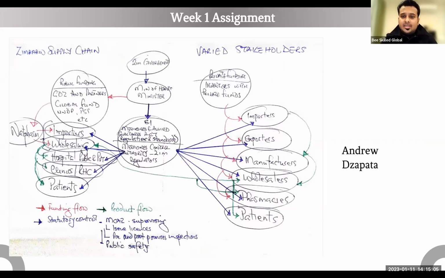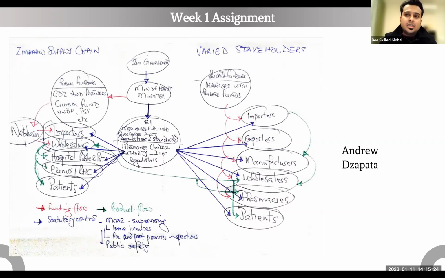So, like Kumbirai said, we can look at it from two different lenses. One from the private sector and one from the public sector point of view. The private sector one, I think, is a bit easier in terms of flow.